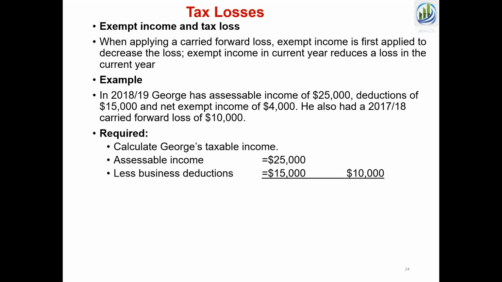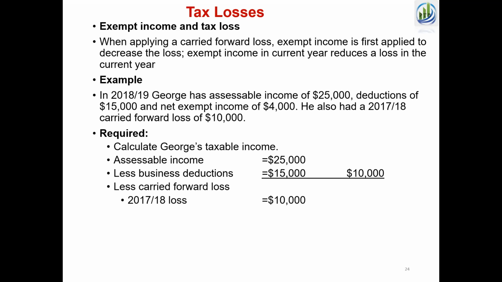You can simply say taxable income 10,000, carry forward 10,000, 10 minus 10, taxable income 0. But unfortunately, the legislation asks that before applying your carry forward loss, you must take out your exempt income. That makes it worse for your client, even though there is a carry forward loss.